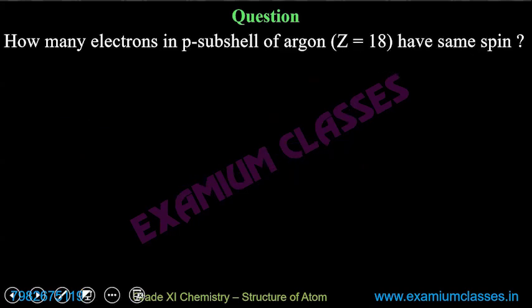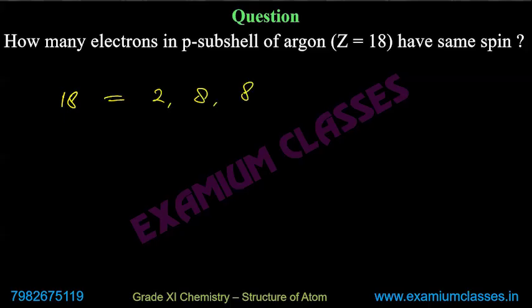Next question. How many electrons in p subshell of argon have same spin? Argon 18 will be 2, 8, 8. So this is n equals 1, n equals 2, n equals 3.